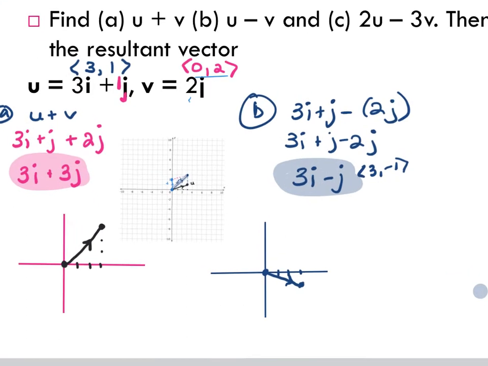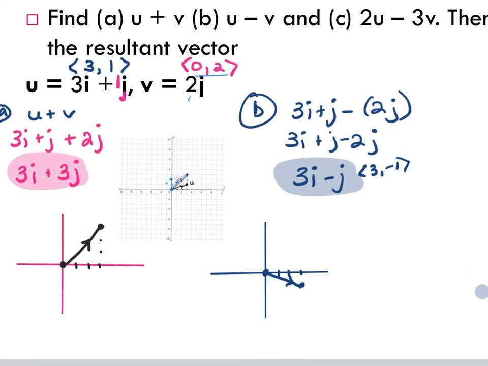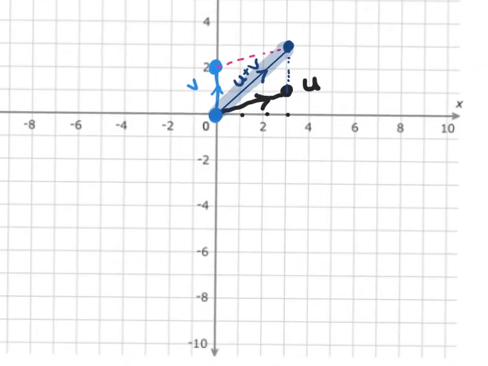So now if I were to draw this, like if I didn't have the actual 3, negative 1, and I only had the same 2 starting points, so ignore this one because that was the sum of it, right? So what if I only had U and V drawn like that?